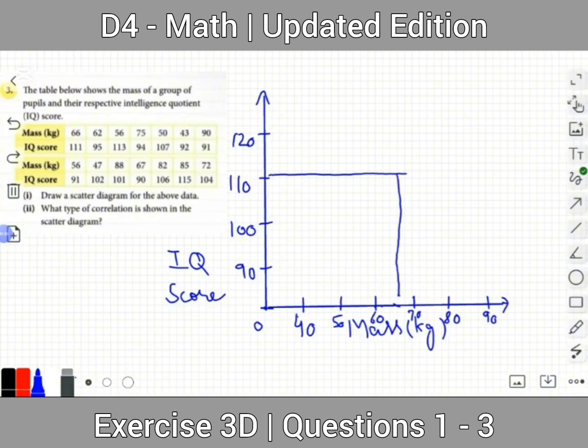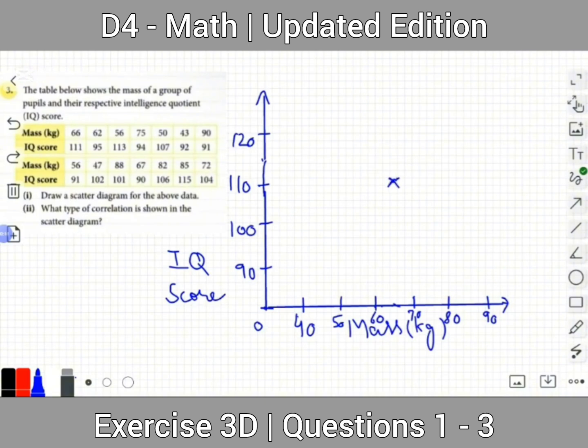So here we will get the scatter point. Here we will put this cross. For 111 and 66, here we have a cross.